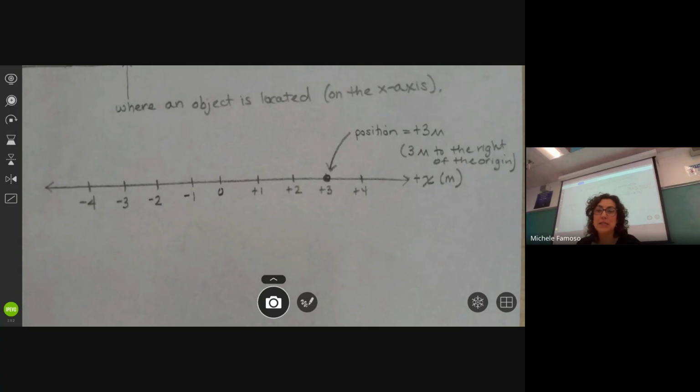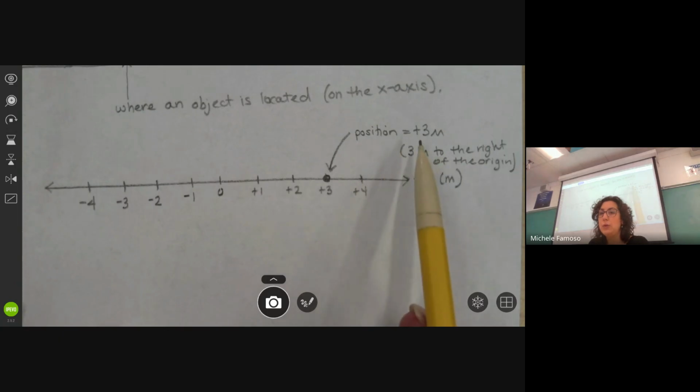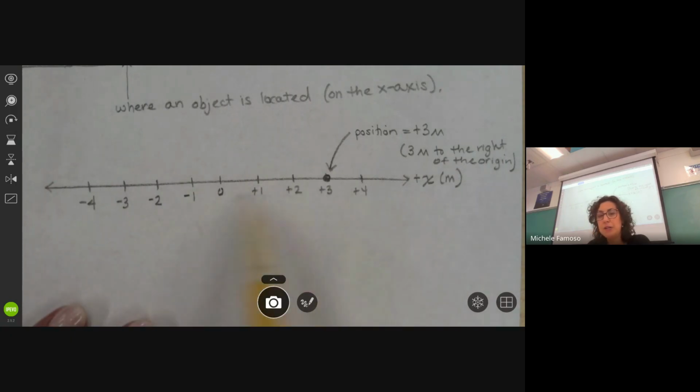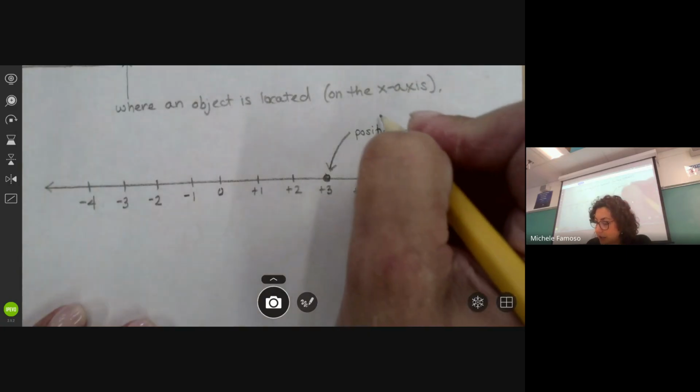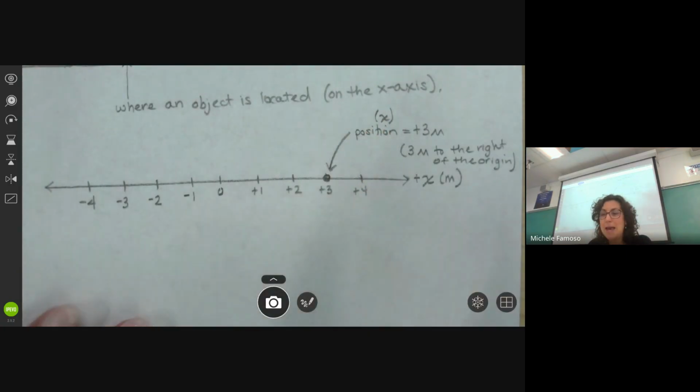All right, so let's continue. We just talked about this object here. Its position would be positive 3 meters, which means 3 meters to the right of the origin. Now, since we're dealing with just the x-axis, I could use the symbol X to represent that position. It's the X coordinate.